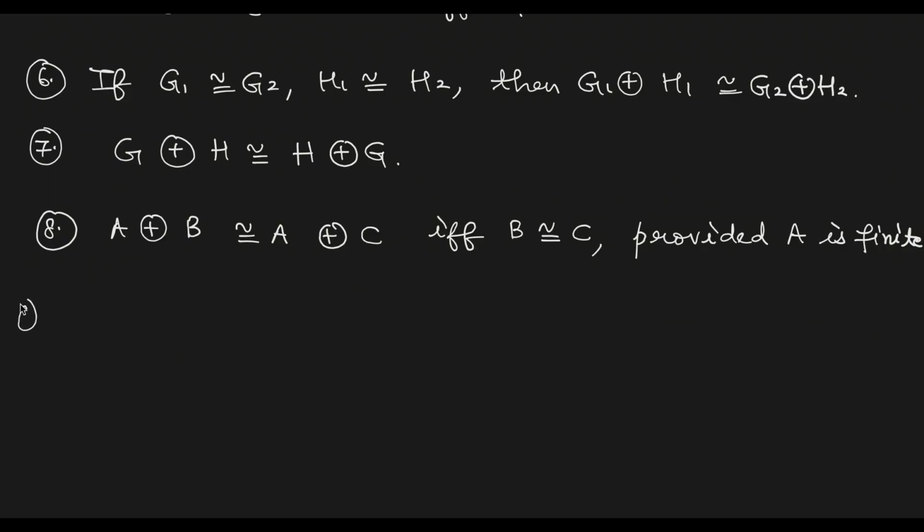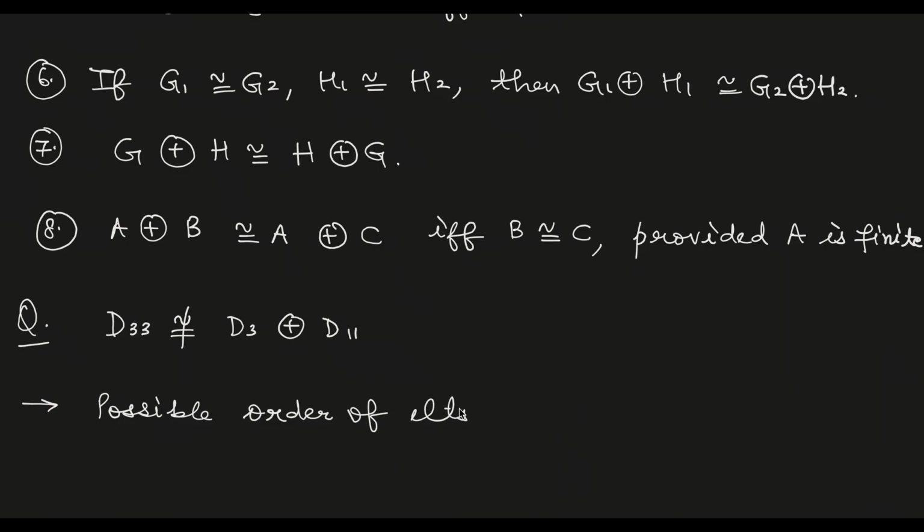Next, we need to show that D33 is not isomorphic to D3 direct sum D11. Now, possible orders of elements in D33 will be the divisors of 33.